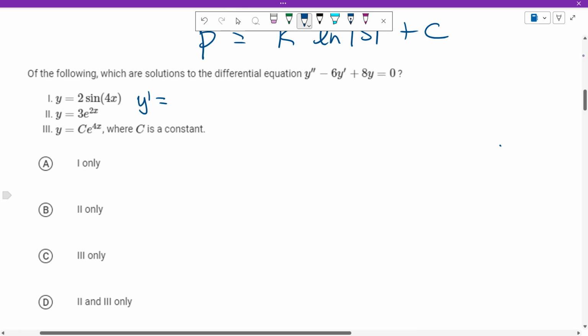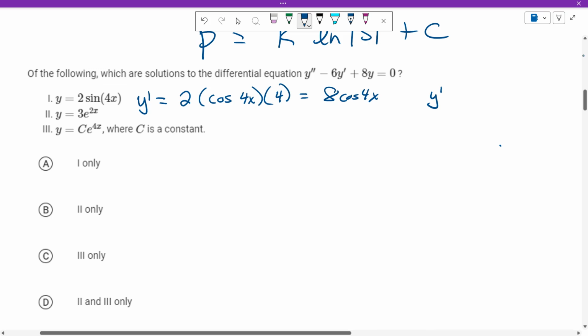What's the first derivative of that? I feel like a failure. 2 times the cosine of 4x times 4, which is the same as 8 cosine of 4x.